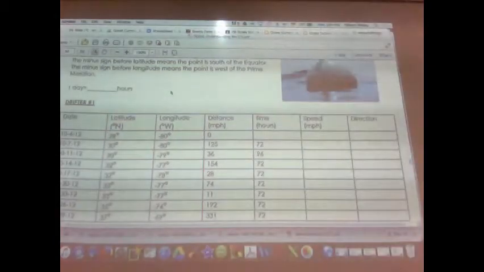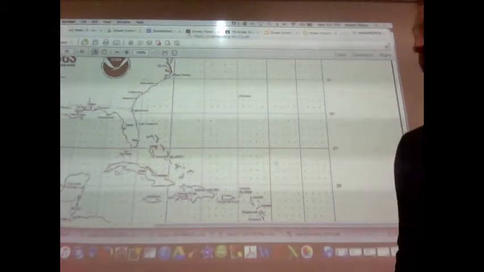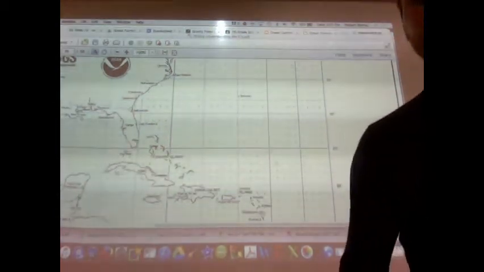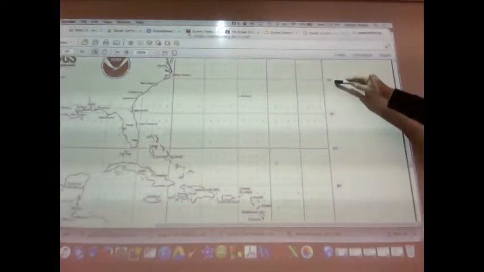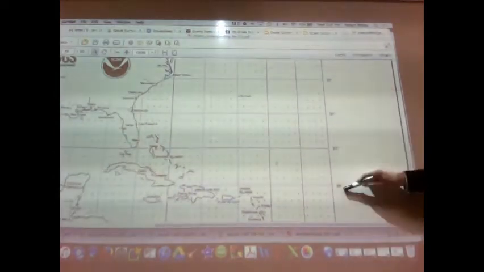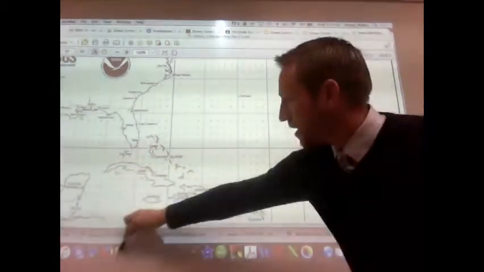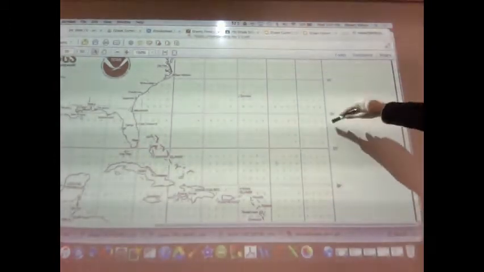So when we look at the map, that is your second page, and let me flip it here. When we look at the map, here are your lines of latitude that are above the equator. So the equator is somewhere down here, you're above it. Here's 20 degrees, 25, 30.